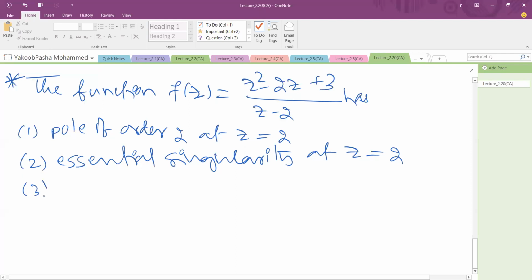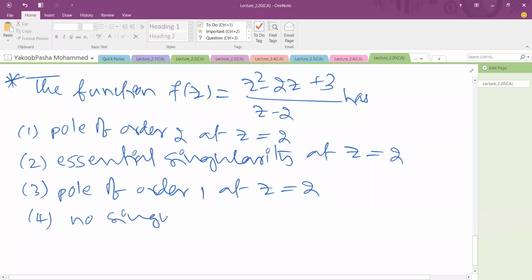And the third option, pole of order 1 at z is equal to 2. And the fourth option, no singularity at all.